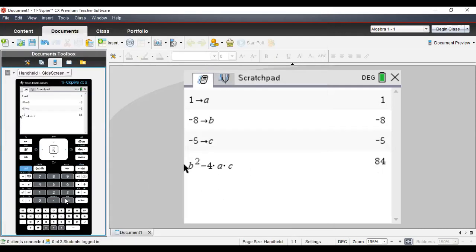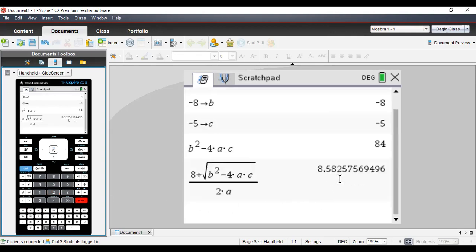We would do 8 plus, and we're just going to do the plus part, then the square root of B squared minus 4 times A times C, and on the bottom we just do 2A, press enter.